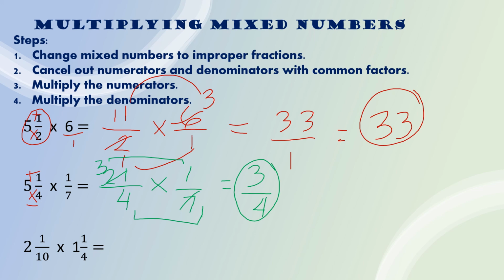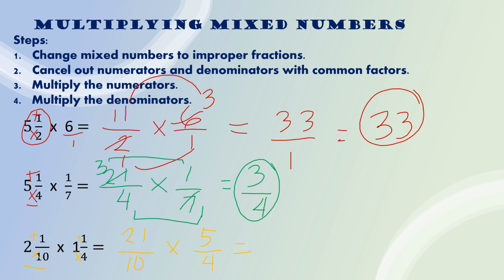Right? So let's have the third example. Let's change 2 and 1/10 to improper. So same step. 10 times 2 is 20. 20 plus 1 is 21 over 10 times 1 and 1/4. 4 times 1 is 4, plus 1 is 5 over 4.